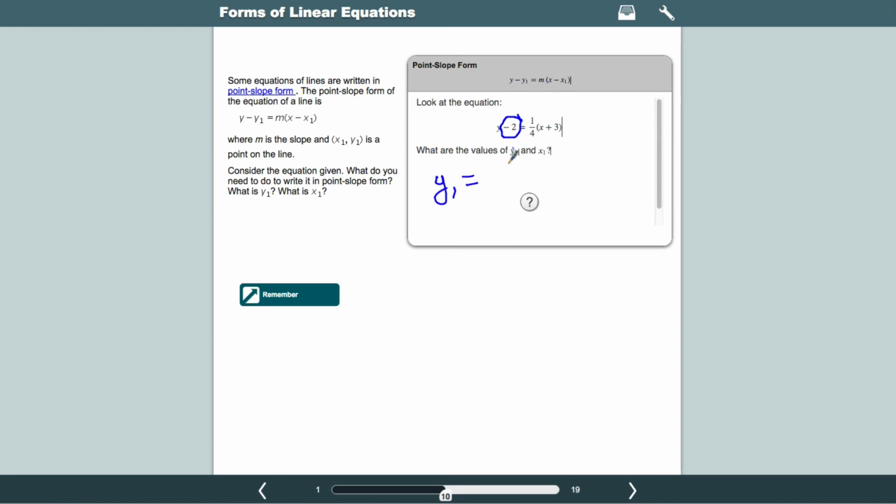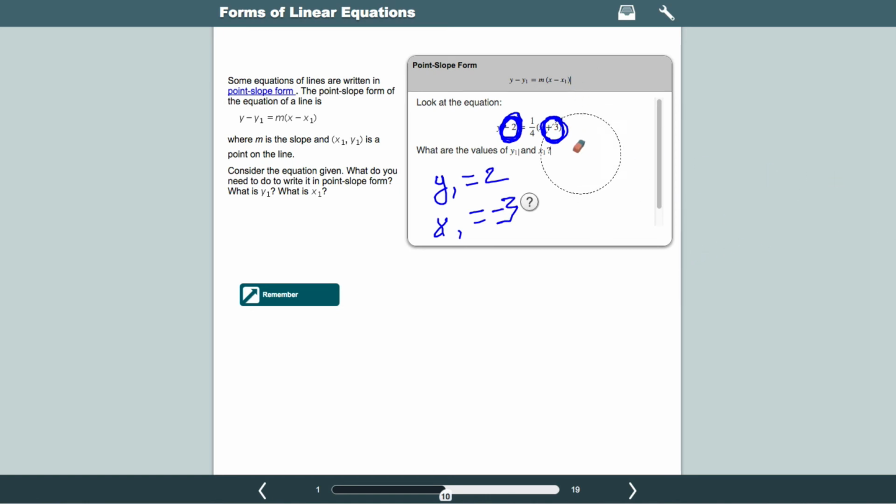Y1 is a positive 2. So you change the sign of whatever's right here, and you change the sign of whatever's right here. So my x1 is a negative 3.